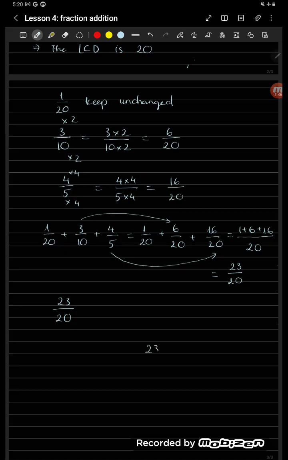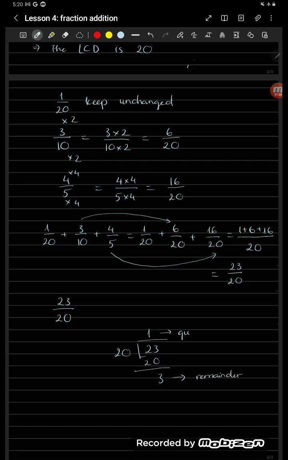We only need to do a long division. So 23 divided by 20 is 1, right? It cannot be 2 because 2 times 20 is 40, and 40 is greater than 23. So we can only take 1. So 1 times 20 is 20, and then 23 subtract 20 is 3.